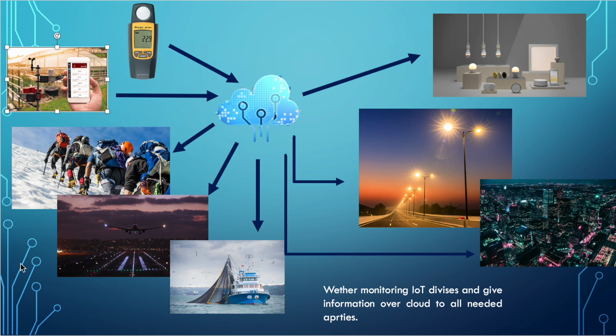One of the industries which used IoT devices before IoT was a thing is the aviation industry itself. In airports, they monitor wind speeds, wind patterns, temperature, humidity and everything, because this will affect the performance and the safety of the flight.